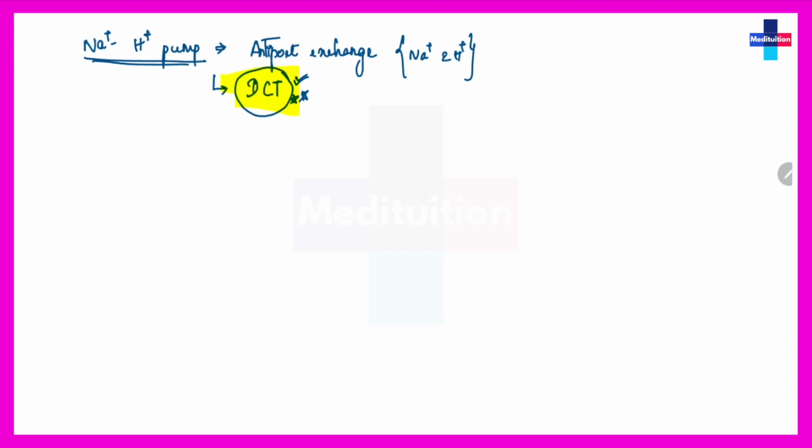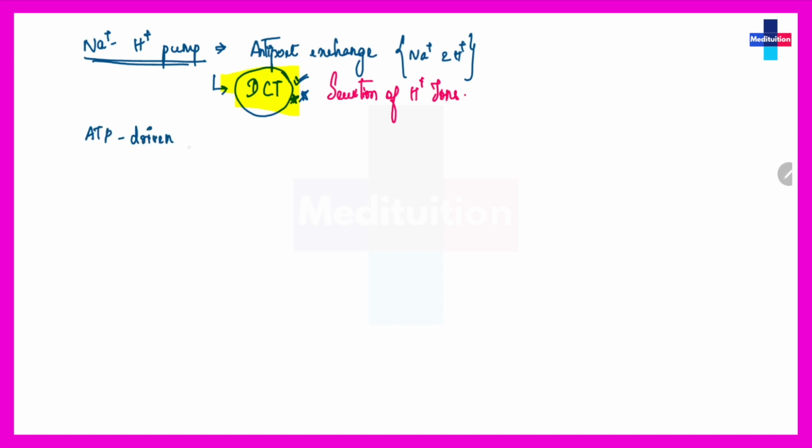But in the sodium hydrogen pump antiport exchange, where secretion of H plus ions occurs, that is happening in your DCT. What is the second thing which we have seen? That is your ATP driven proton pump.